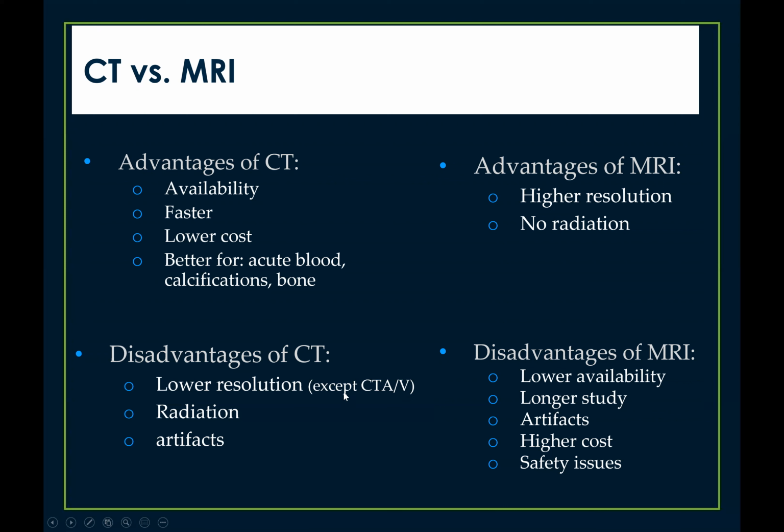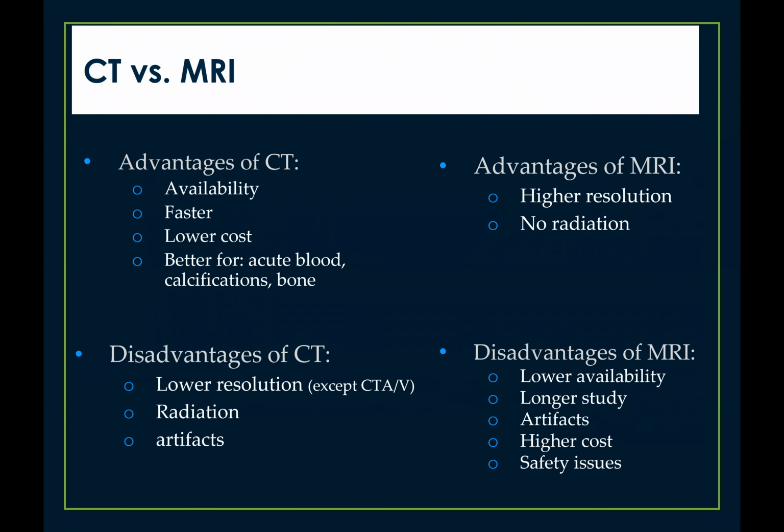These have higher resolution compared to MRA and MRV. It involves radiation, so that is likely a problem, mainly for children, and artifacts mainly from metal devices causing streak artifacts may obscure areas of interest.